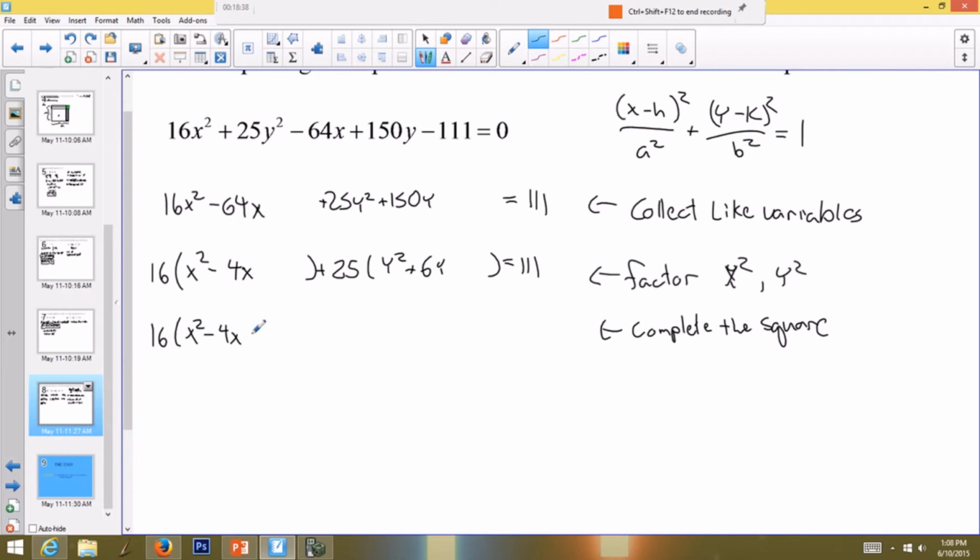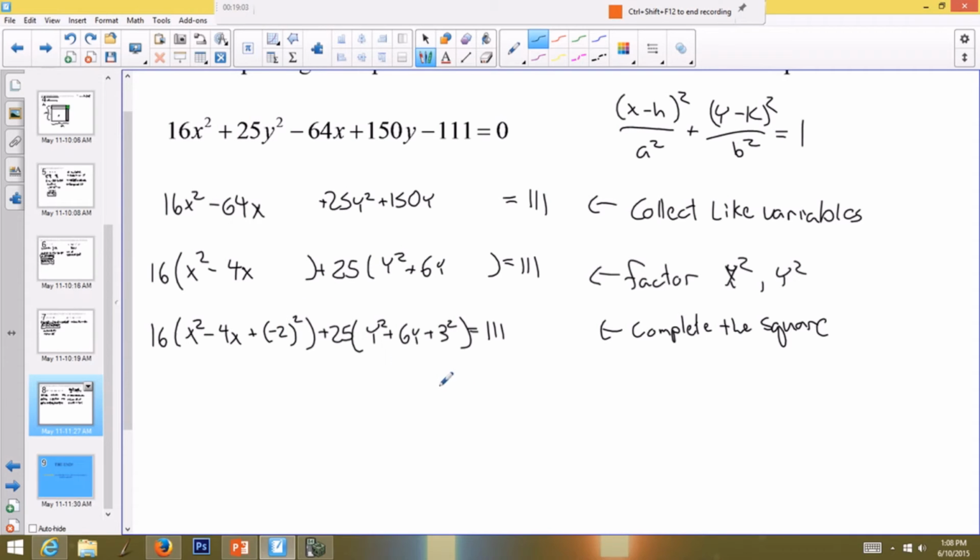Half of that minus 4 is minus 2, so I'm going to add minus 2 squared. And then 25 times y squared plus 6y, and half of that 6 is 3, squared. I've got 111 here. Okay, not too bad so far.